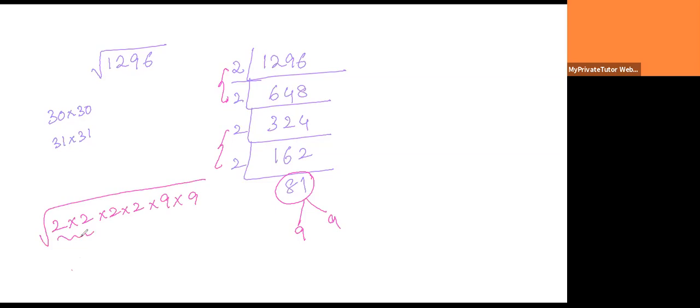Out of each pair of 2s we need to take one 2, and from the 9 we take 9. Just multiply all these numbers to get rid of the square root. 2 times 2 is 4, 4 nines are 36. So 36 is the answer for this question.